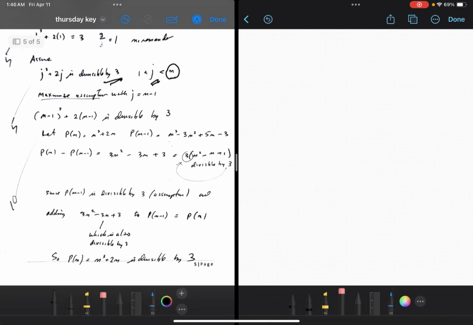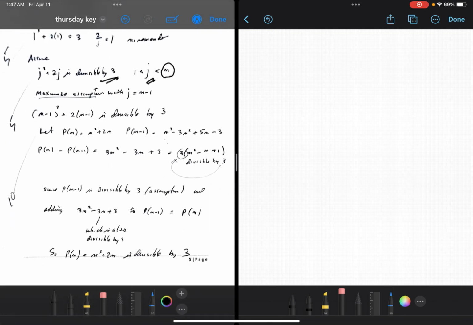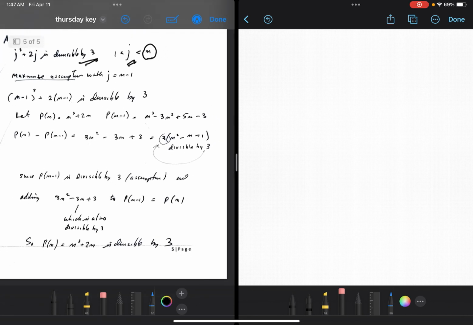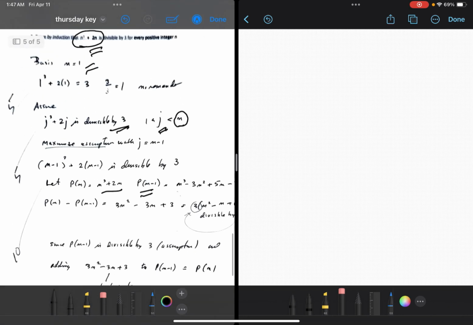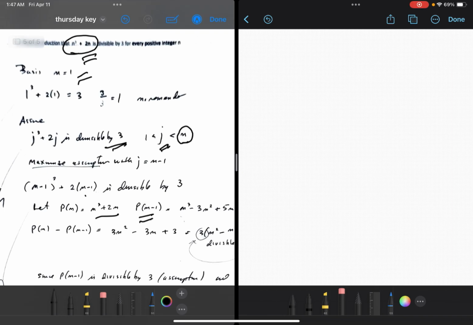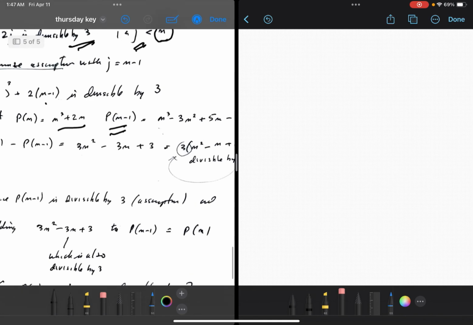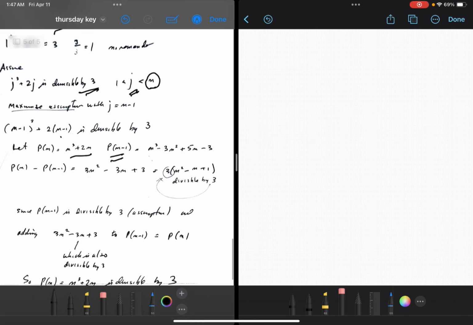We just know it because we assumed for every value less than n, it's going to be true. So we know that p of n is equal to n cube plus 2n, and we know that p of n minus 1, we need to calculate this by substituting n minus 1 in this value. After we get p of n minus 1, we are going to subtract p of n minus 1 from p of n, and we are going to get a value.